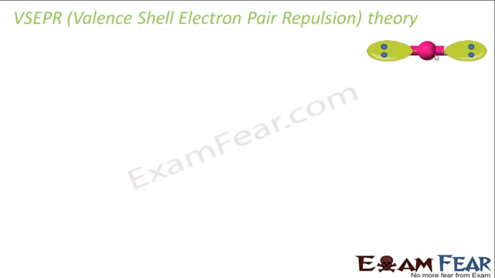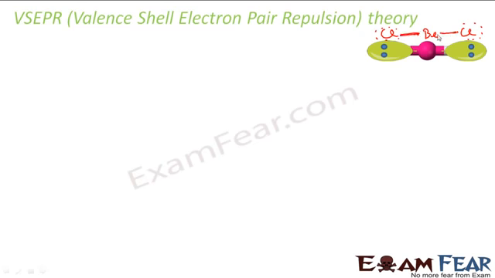For example, let's suppose I have beryllium here, and I have two chlorine atoms here. Beryllium has two electrons in the outermost shell, and these two electrons are used by these chlorines. They'll form a bond, and I'll get something like this.